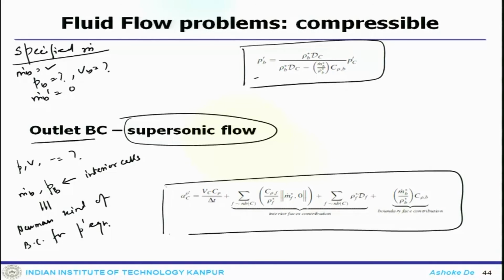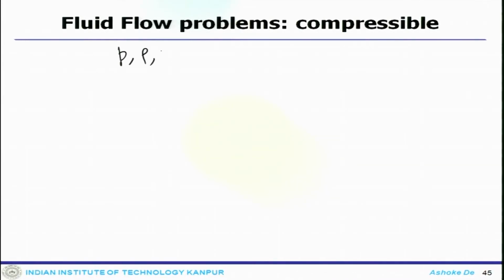So, Ac prime would be Vc rho by delta T, this is the transient term, and these are all summations over interior phases. And if you notice here again, pressure, density, temperature, P, rho, T, these are all connected. So, when you compare the subsonic case with the supersonic case, one important difference which appears is, not only the formulation, because the formulation takes the energy and density into the system, but also that pressure, density, temperature are connected, that is number one.